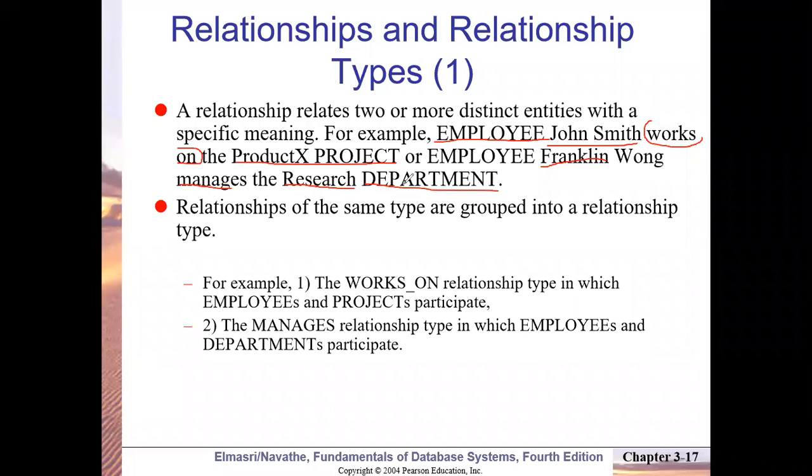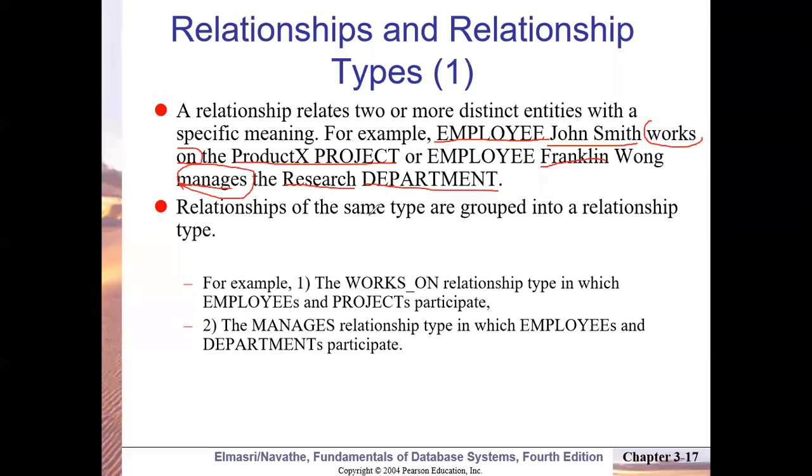So research is the entity from the department entity type. Franklin is an entity from the employee entity type. So what is the relationship between this Franklin and research here? Manages. So manages is the relationship. So this is how you define the relationship between any two.